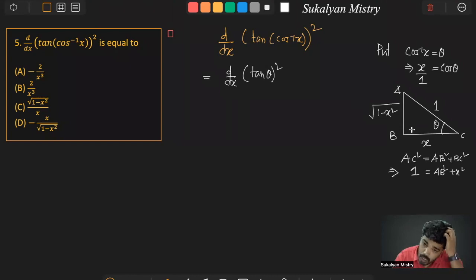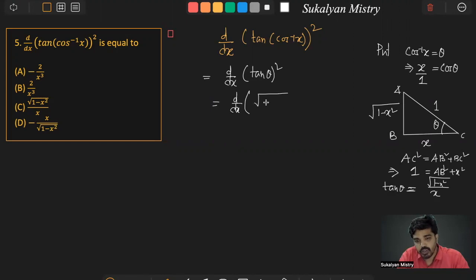Tan theta means perpendicular by base, that is height by base, so root over of 1 minus x square by x. So tan theta square is (1 minus x square) divided by x square.